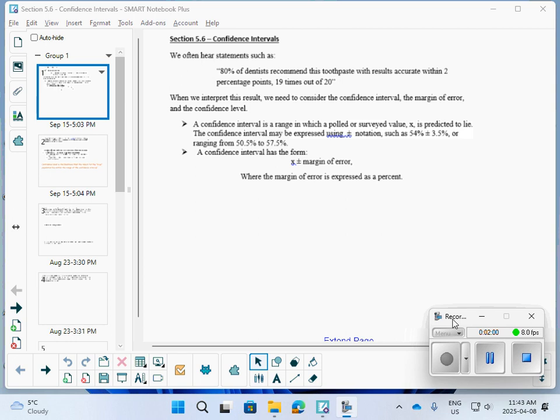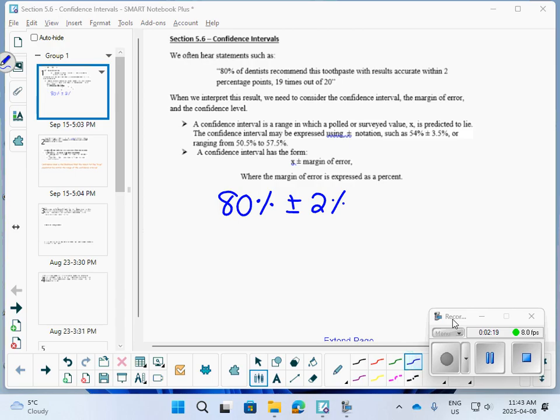So in the example above, our confidence interval is going to be 80% plus or minus the margin of error, so how accurate it is, which is 2%. Okay, so that is our confidence interval.